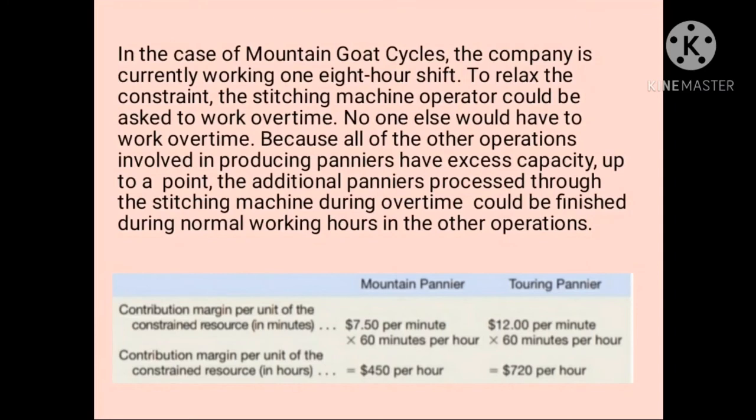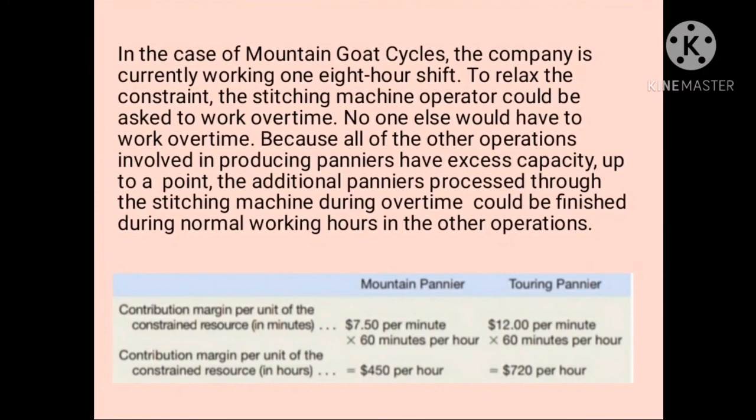The difference between what the company should be willing to pay as a premium, $720 per hour, and what it would actually have to pay, $10 per hour, is pure profit of $710 per hour.